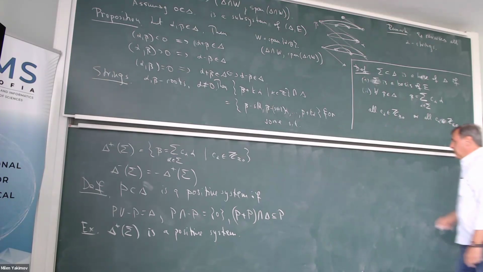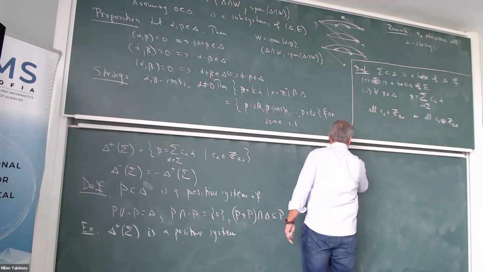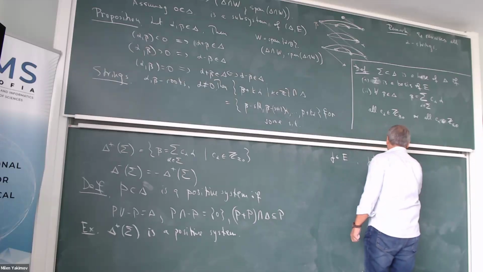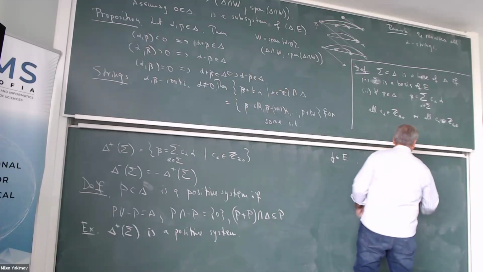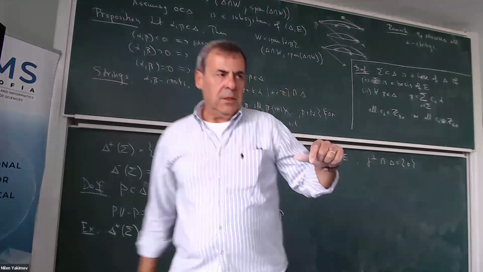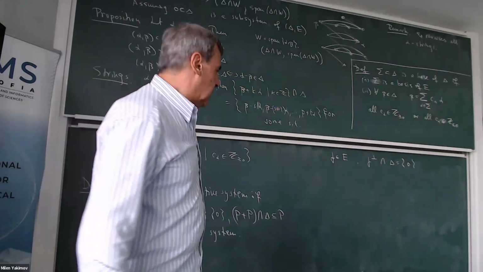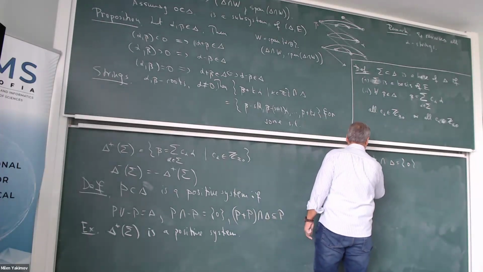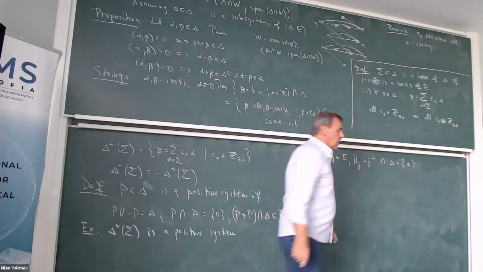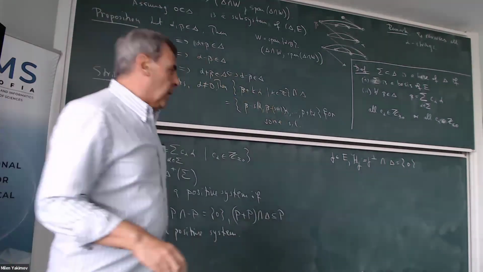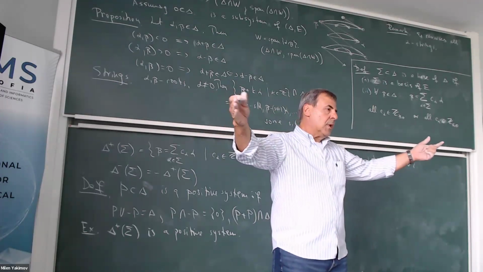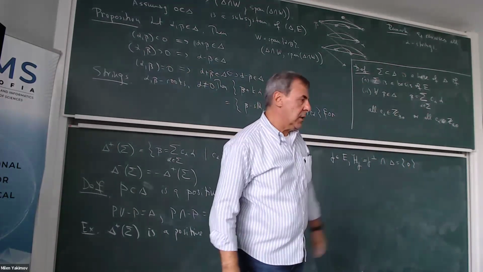So if I take gamma to be an element of phi, assuming that the hyperplane orthogonal to gamma contains only zero among the roots, and I denote this hyperplane by H gamma, then the hyperplane divides space into two parts, one of them positive, the other negative.